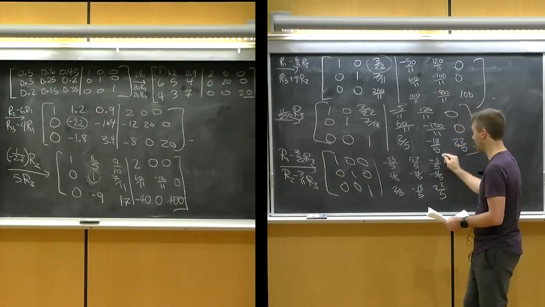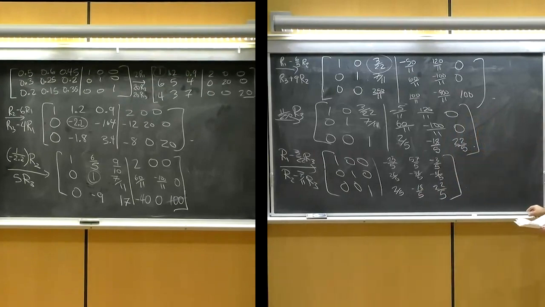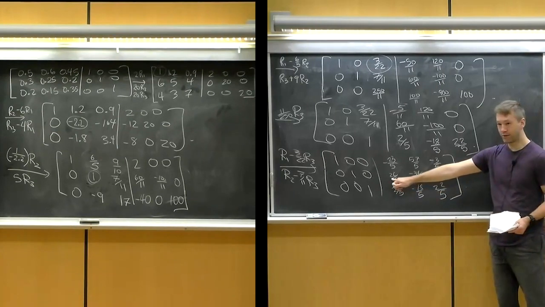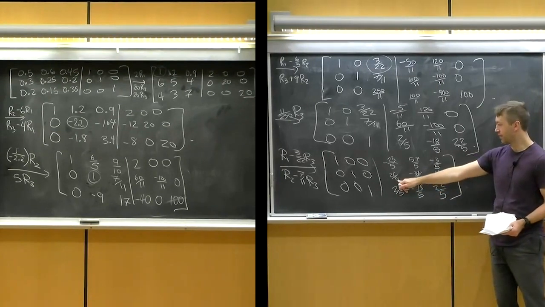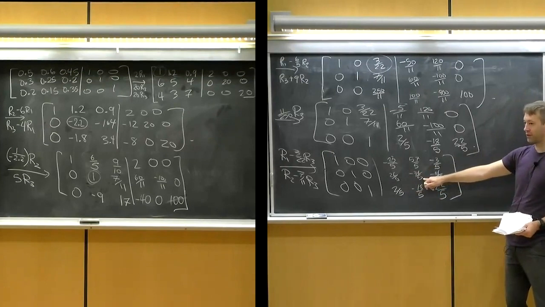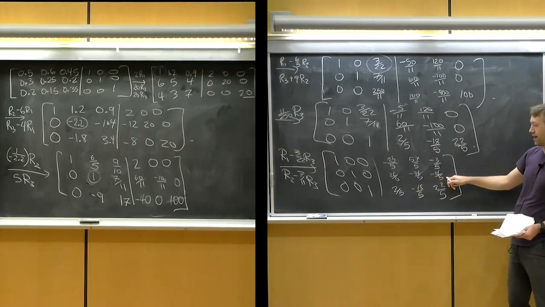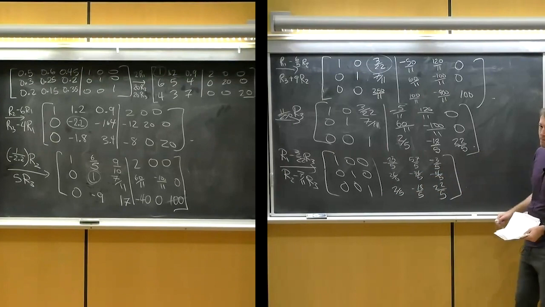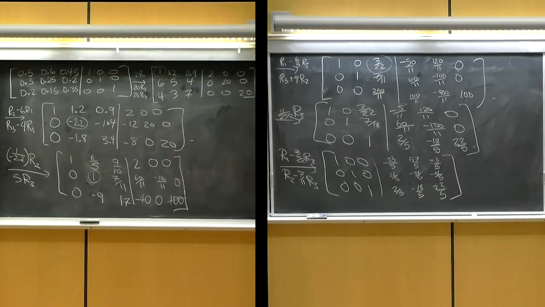A lot of over 5s. Yeah, so this is a long example. So these three, 26 over 5, negative 34 over 5, and negative 14 over 5. Yeah, sorry, everything is getting a little squished.